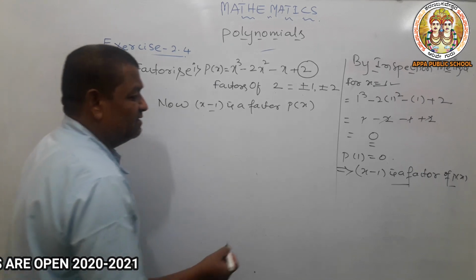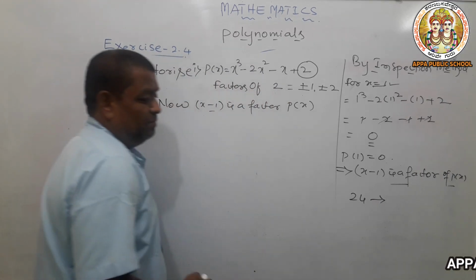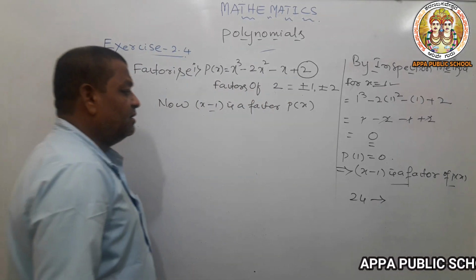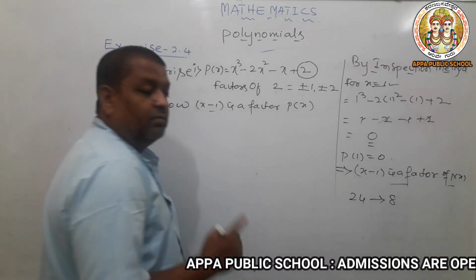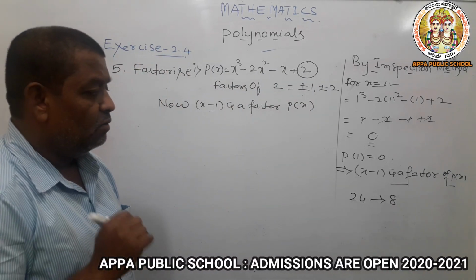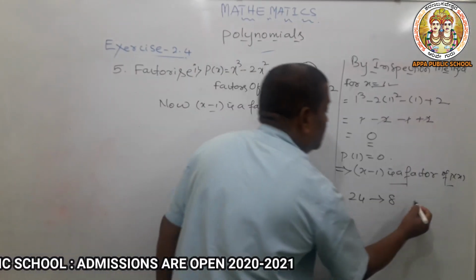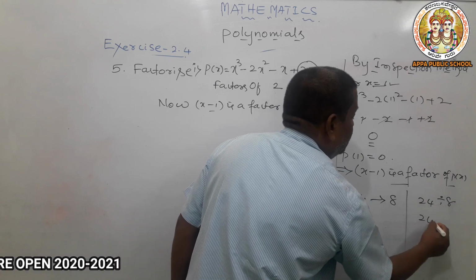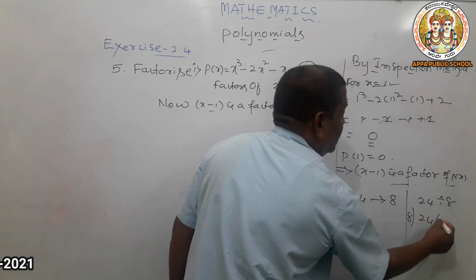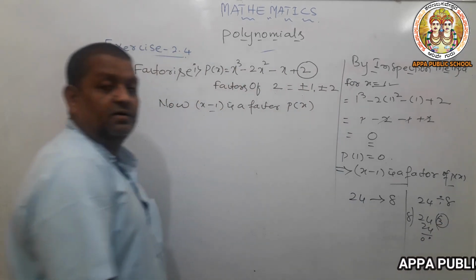Suppose 24 is a number and I got 8 as one factor. Then what about the other factor? How do you find it? Divide 24 by 8. 8 threes are 24. We got one more factor.